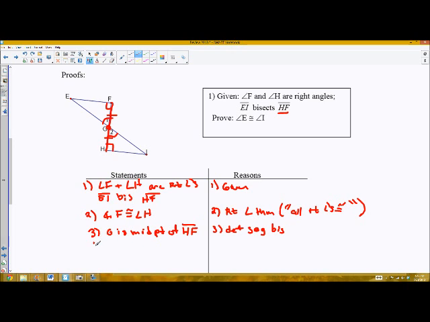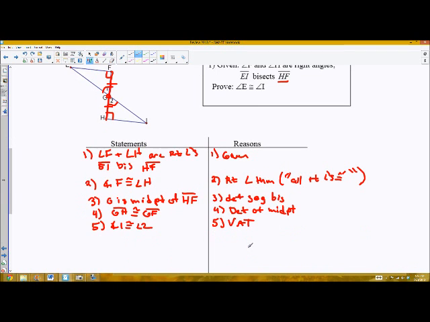And once I know that that's the midpoint, I can say that GH is congruent to GF by definition of midpoint. And finally, the last piece we needed to show the triangles were congruent is that angle 1 is congruent to angle 2, and I'm making that conclusion right from the diagram with the vertical angle theorem.